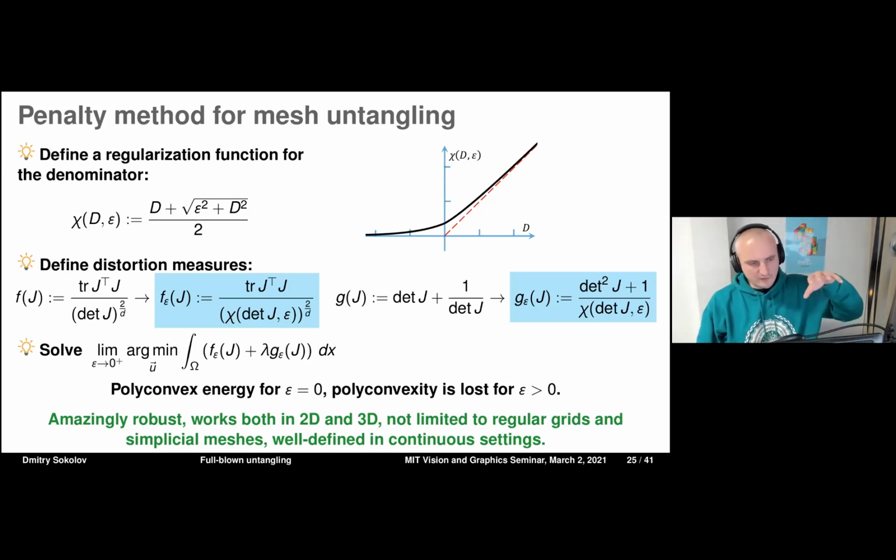So a matrix function here. J is a matrix, a Jacobian of the map. So we have a function that takes a matrix as an argument. And the definition of polyconvexity is that there exists a convex function of all minors of this matrix.